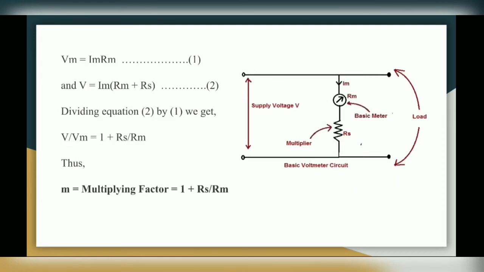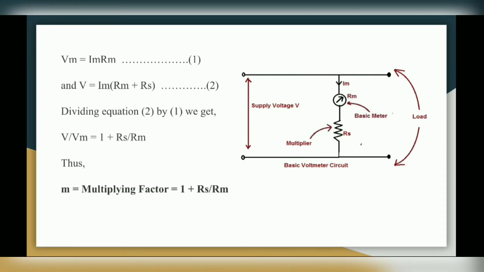First, Vm equal to Im Rm. By applying the basic law V is equal to IR, that is Ohm's law, to this circuit, we can find the voltage across the basic meter.